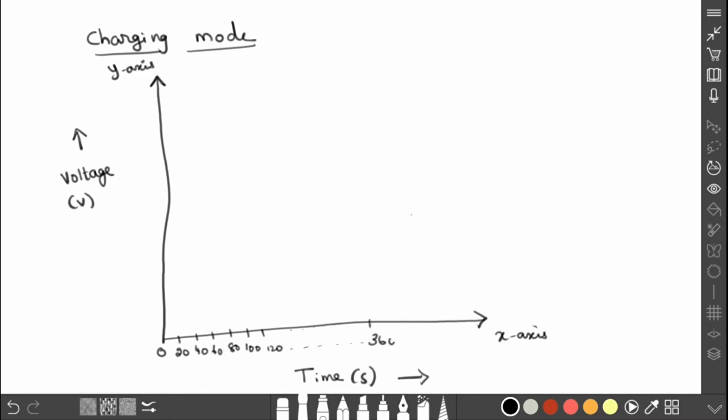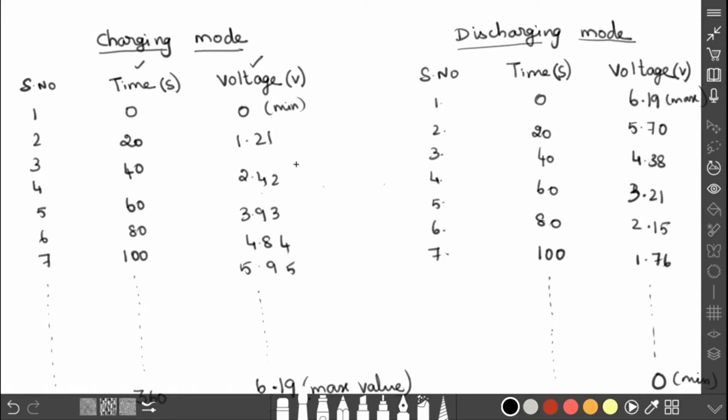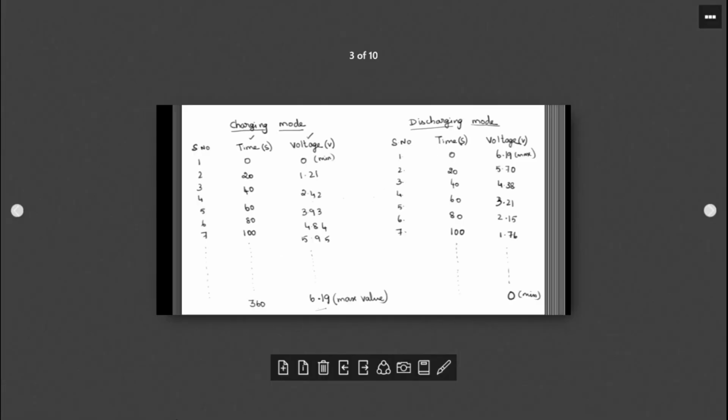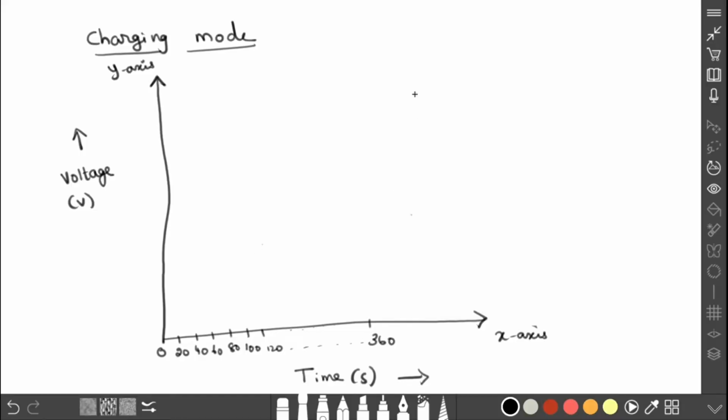I have just drawn it like this. The voltage values, by seeing the graph you can understand, 1, 2, 3, 4, 5, and we can take the values like that. Here I can write the scale. On the x-axis, 1 unit is equal to 20 seconds.